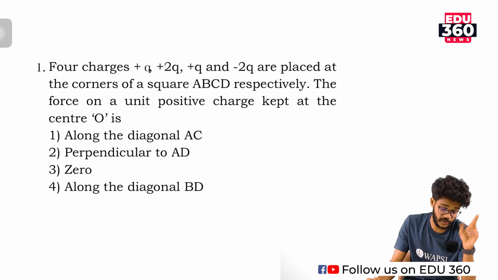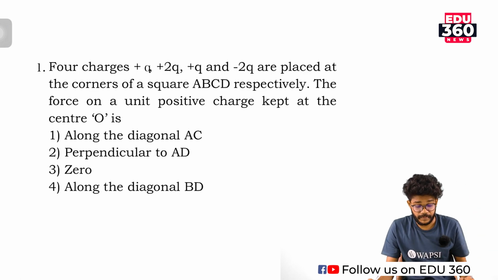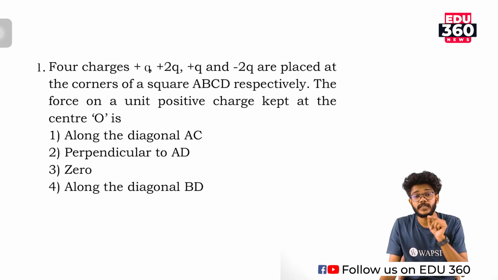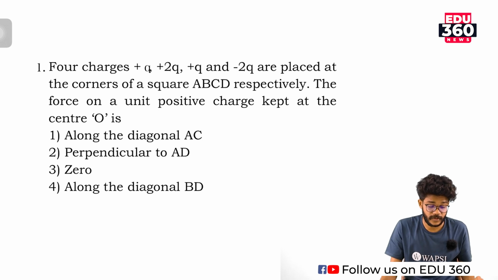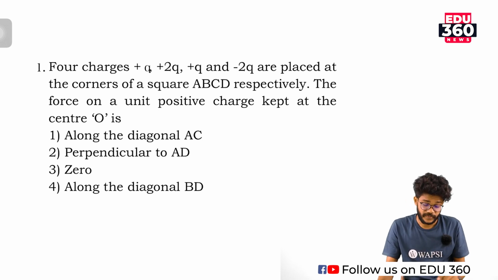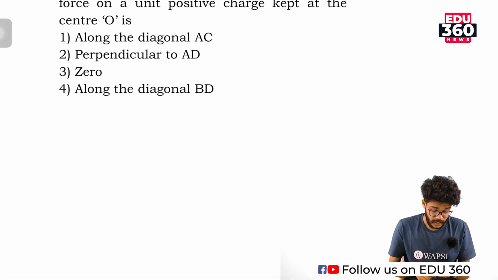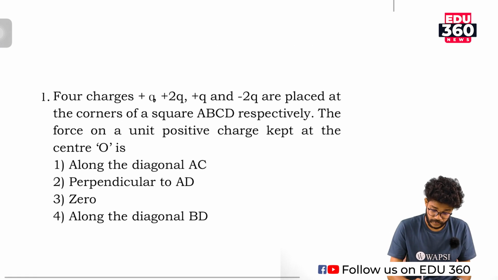Okay, so the first question: four charges, plus q, plus 2q, plus q and minus 2q, are placed at the corners of a square ABCD. So we can draw the square ABCD.